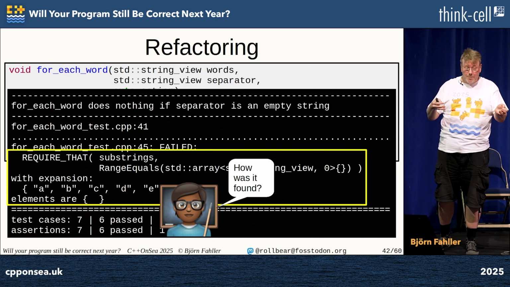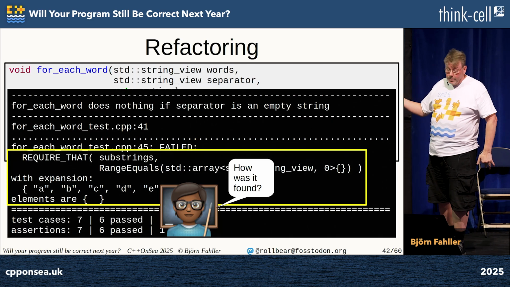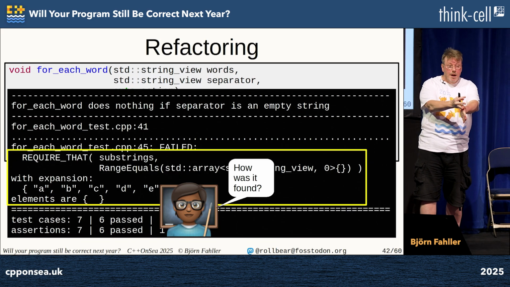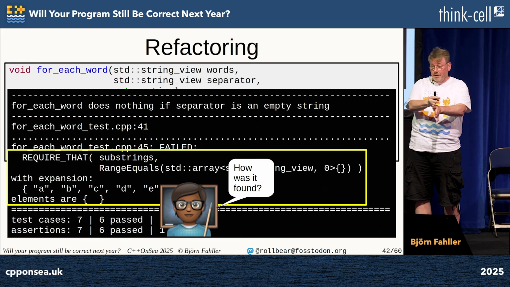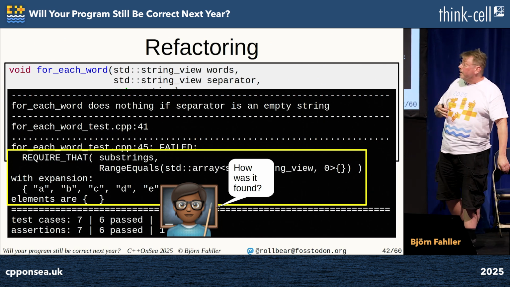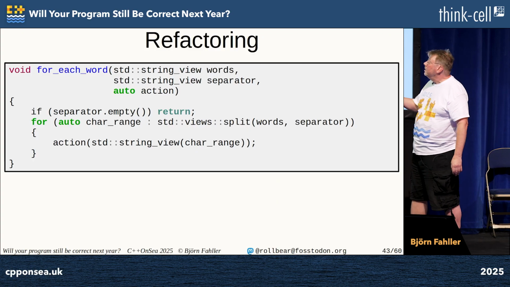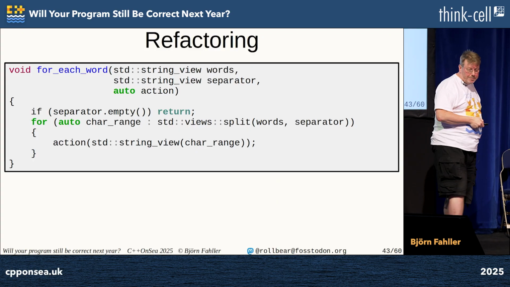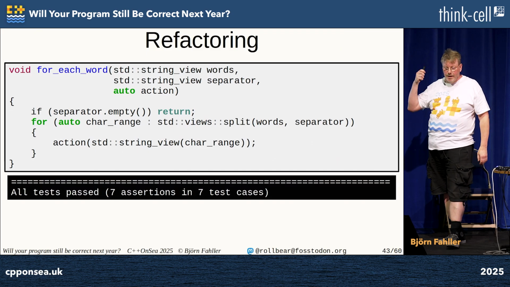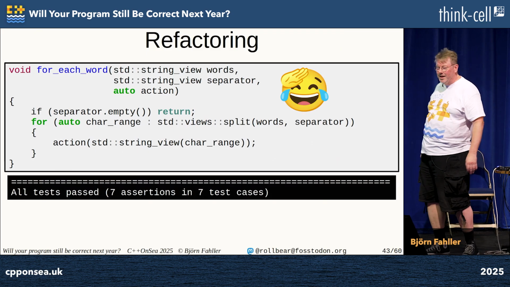The difference between the implementation I showed and the ranges implementation is that the ranges implementation says that if the separator is nothing, then you get each single individual element. In this case, each single individual character. So, simple fix. If separator is empty, return. We're done. We have replicated the same functionality. Test passes. Saved by the test. Good.